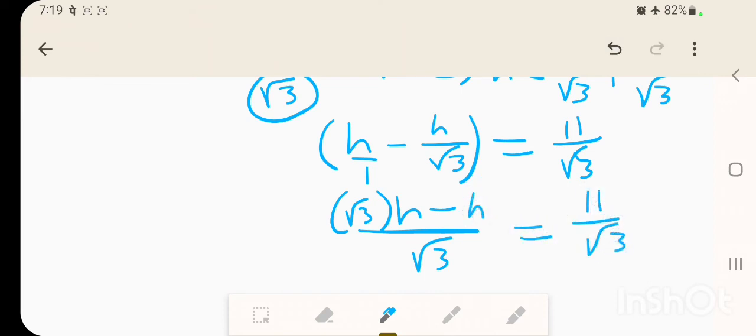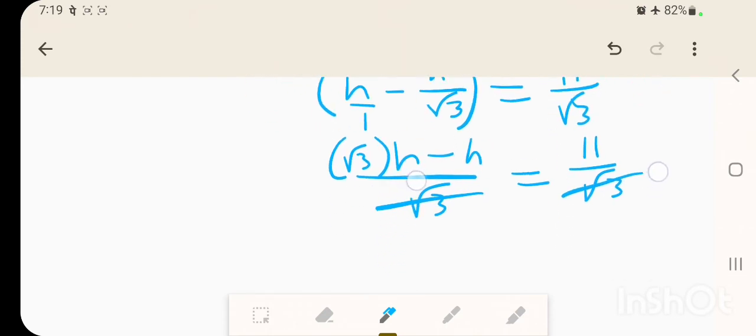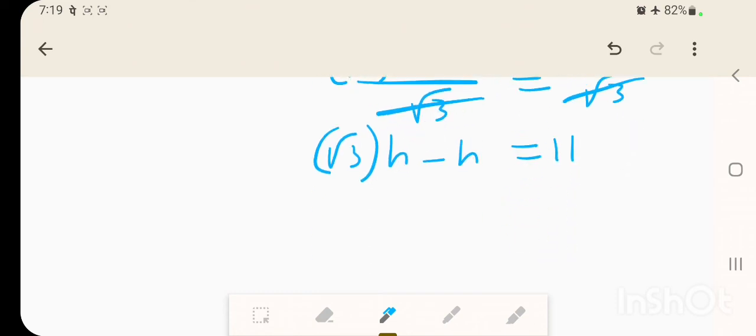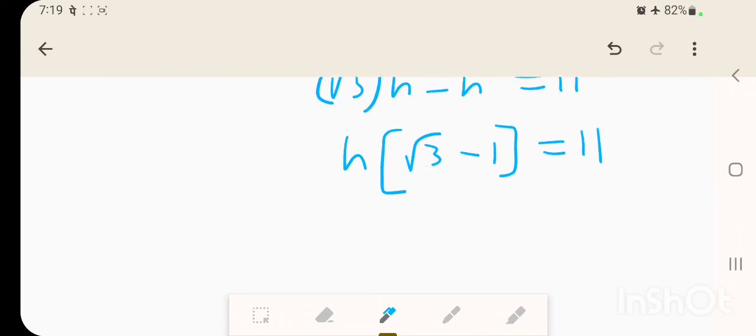Here the root 3 in the denominator of the left hand side and the right hand side will get cancelled, and in the numerator on the left hand side we have root 3 H minus H is equal to 11. From the LHS we can take H common, so we get H into root 3 minus 1 is equal to 11. So we get the height CD is equal to H is equal to 11 by root 3 minus 1 meters.